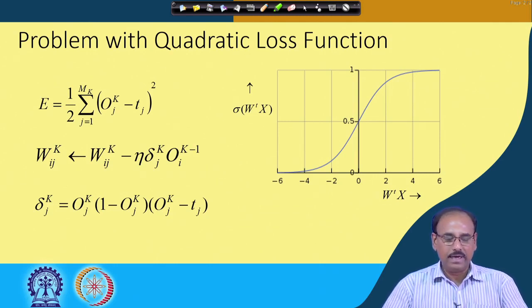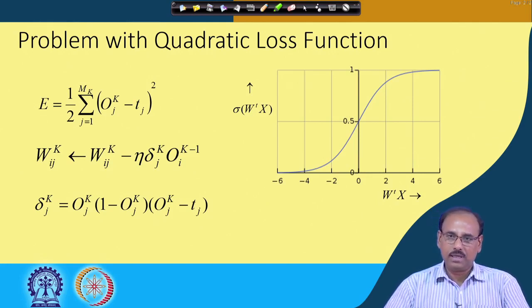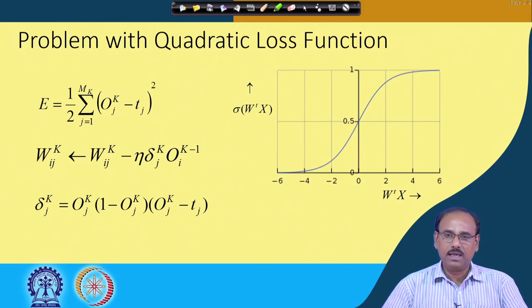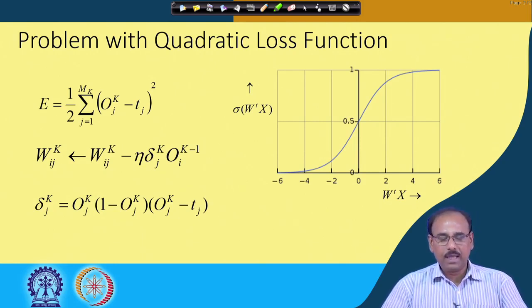So, we got delta_j^k as O_jk, which is obviously the output of the jth node in the kth layer, and we are considering the layer to be the output layer here. So, it is O_jk into (1 minus O_jk) into (O_jk minus T_j).